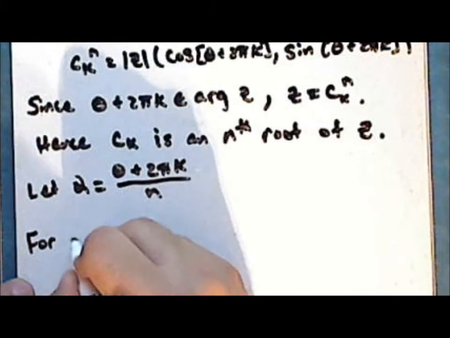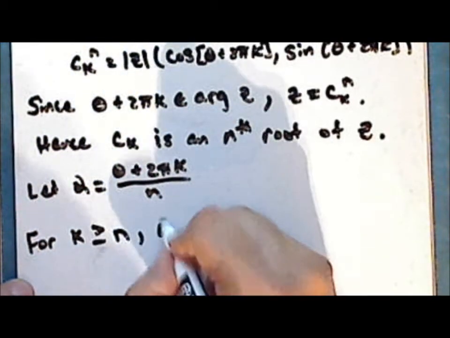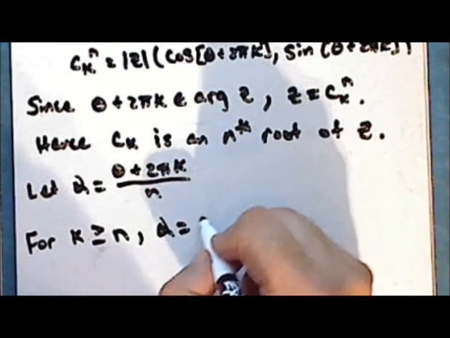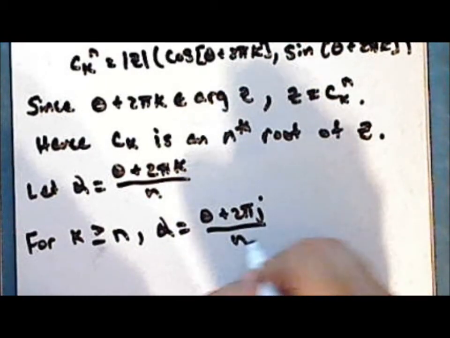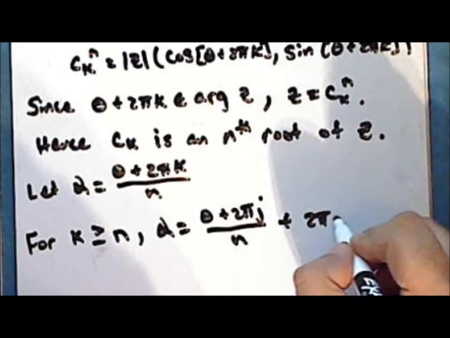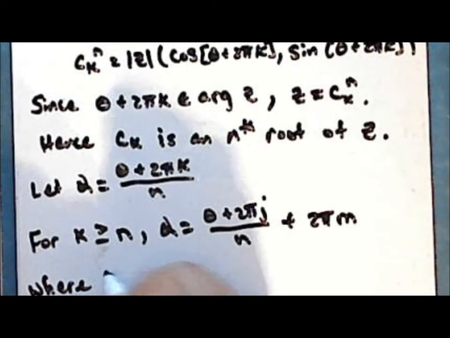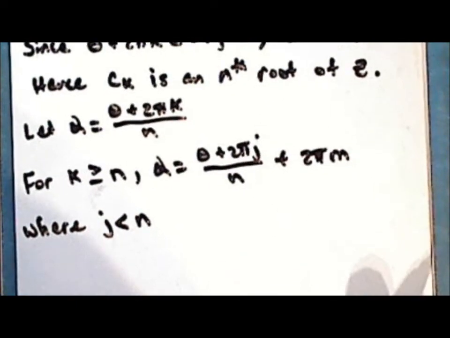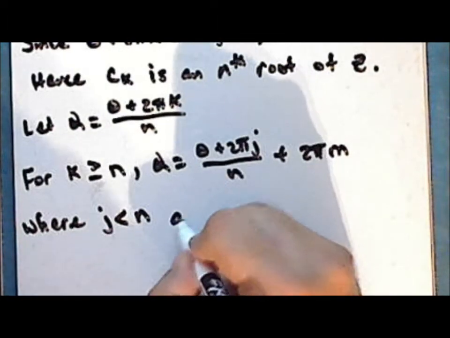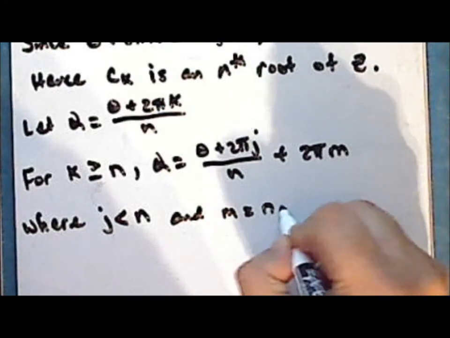Now for all values of k greater than or equal to the integer n, alpha can be written in the form theta plus 2 pi j over n plus 2 pi times an integer m, where the integer j is strictly less than the integer n, and the integer m is n minus j.